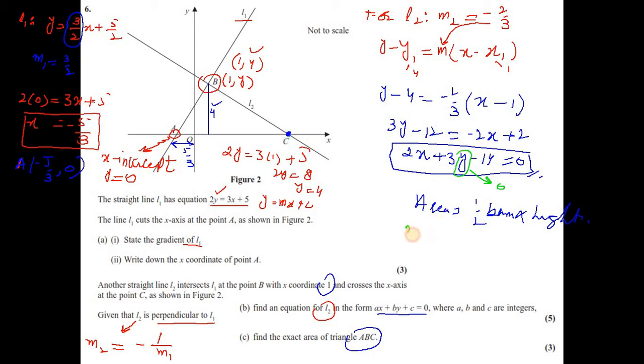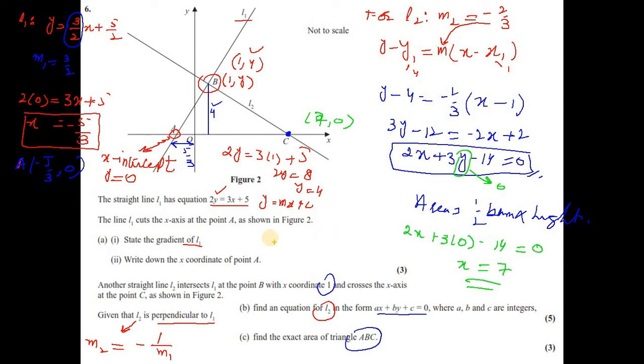So 2x plus 3 times 0 minus 14 equal to 0. Clearly, if you find x is 7, that means the coordinate of C is (7, 0). So the base is 5 by 3 plus 7 and height is 4.